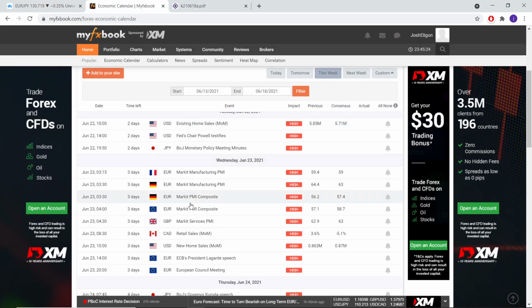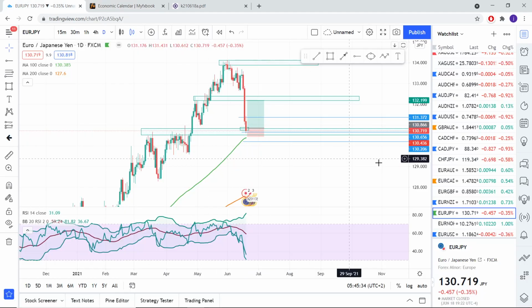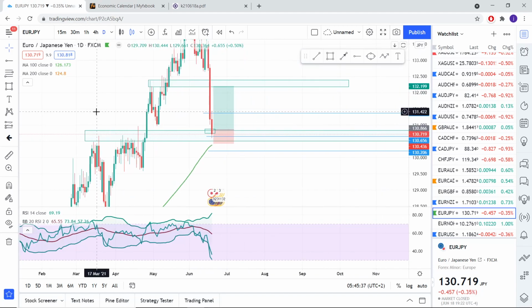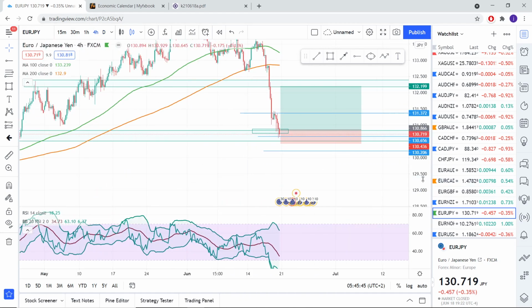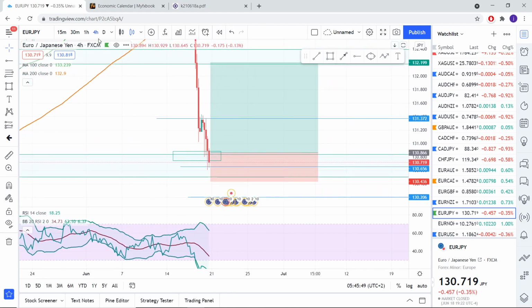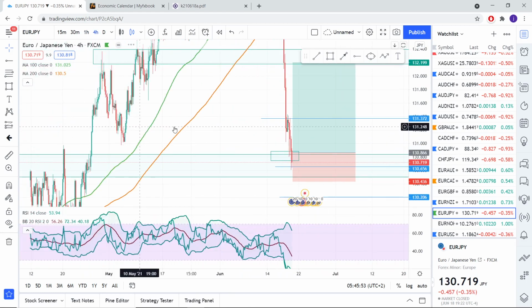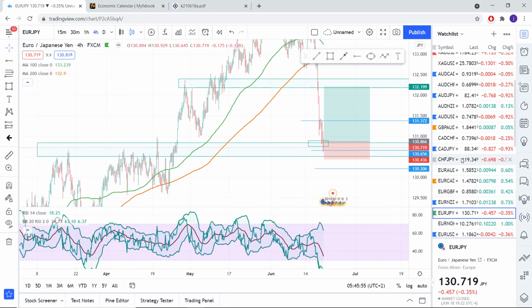We do have some Euro news on Monday, which is President Lagarde's speech, which may potentially have some impact on the Euro itself. So I would actually be looking for a little bit of a pullback on this particular pair setup. Alright, I think this is something that has a high probability of happening, a pullback and back into this area. Alright, so this is something I'll be looking for.